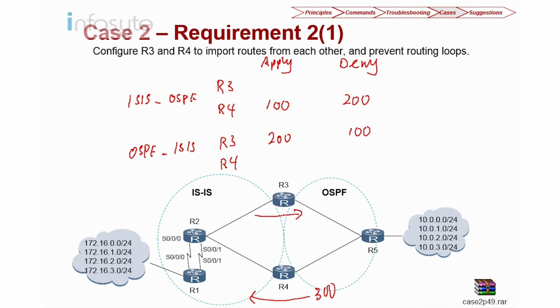So from ISIS back into the Ospf, I'm going to remove the 300. So I'm going to have deny 300 over here. I'm going to add a 300 tag over here. And the final one will be the 400. So I'm going to apply a 400 tag when ISIS goes into the Ospf, and I'm going to remove the 400 when I do the reverse.